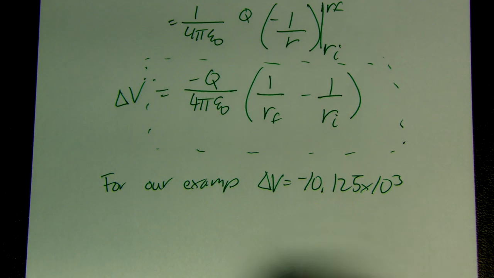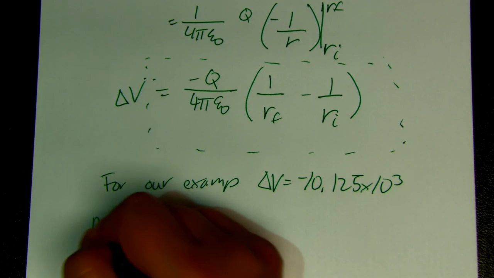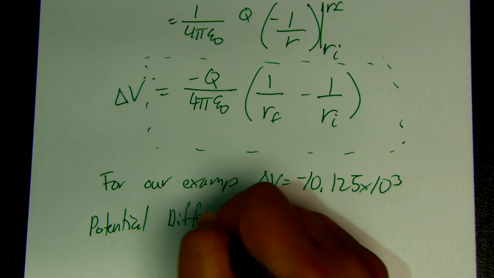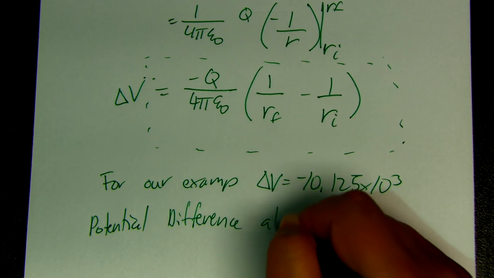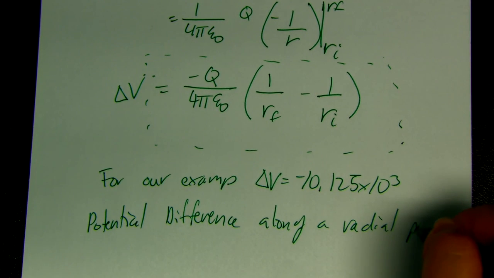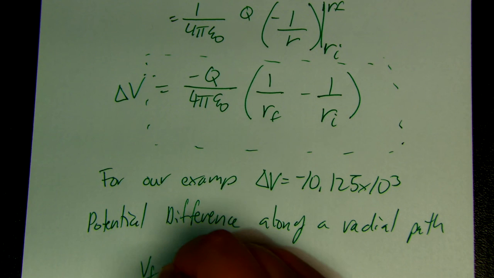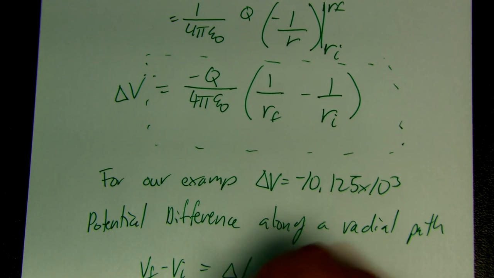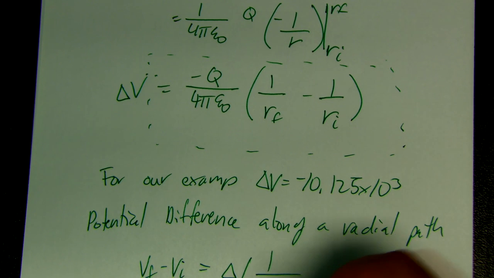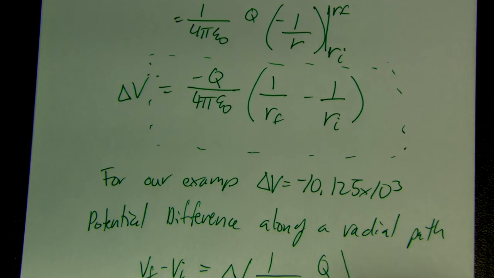So, the potential difference along a radial path: VF minus VI is equal to delta of 1 over 4 pi epsilon naught Q over R.